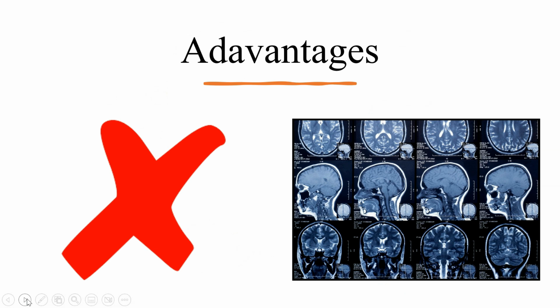Now, let's talk about the advantages that come along with the MRI machine. According to our textbook, it says that it actually creates a clearer picture of the brain without any harmful rays damaging the brain. But also, MRIs are seen at almost every hospital.